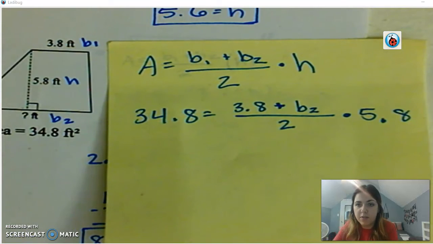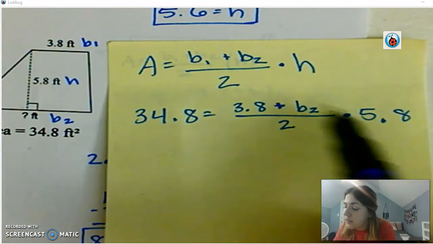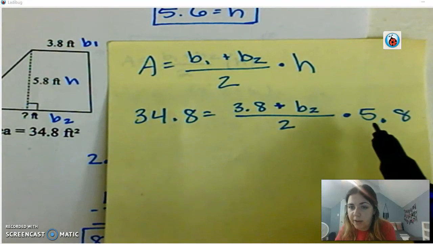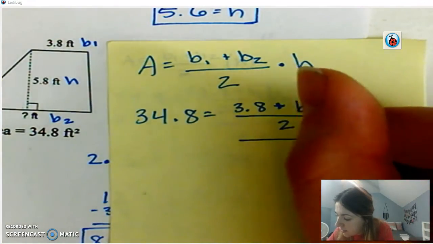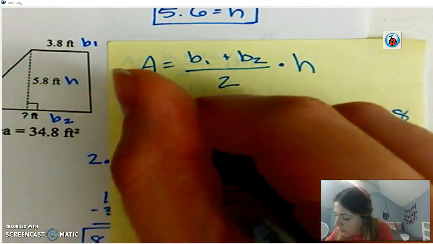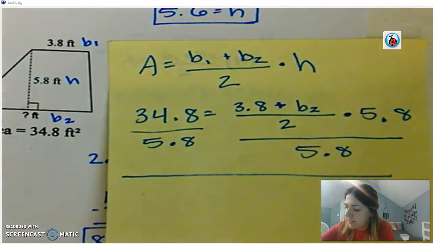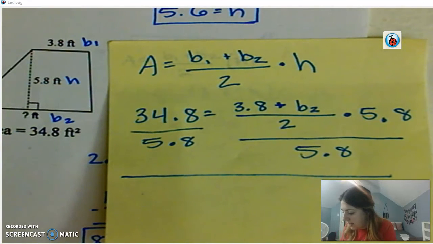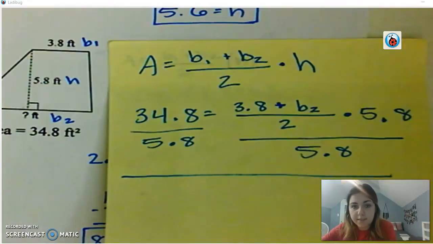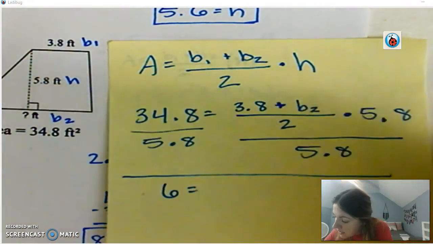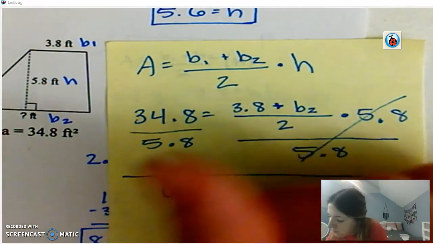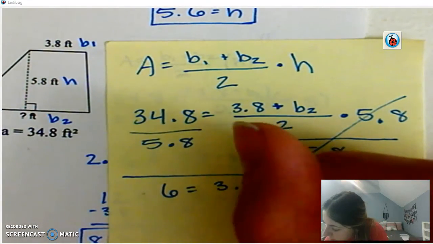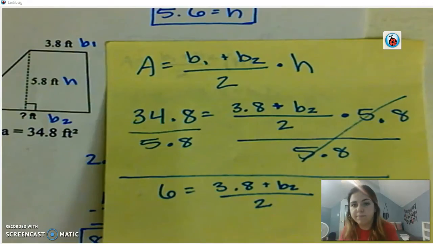First step, this whole side is being multiplied by 5.8, so we're going to do the opposite of that. We're going to divide both sides by 5.8. 34.8 divided by 5.8 is 6. So you've got 6 equals, those cancel out, and you're going to bring this whole fraction down: 3.8 plus B2 all over 2.